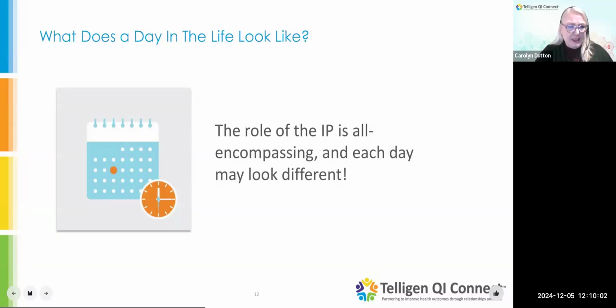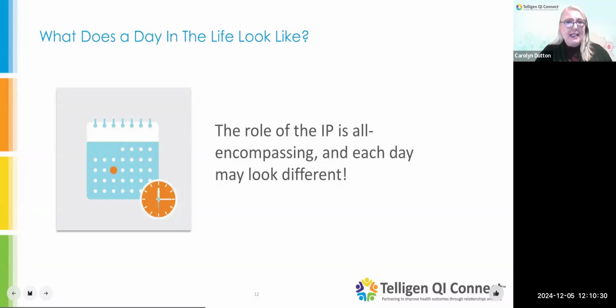So, what is your purpose? It's to provide a safe, sanitary, and comfortable environment and to prevent the development and transmission of communicable diseases and infections. We often get requests from new IPs on where to start or what they should be doing. So today we would just like to share with you an overview of what a day in the life of an IP might look like. And we also want to hear from you out there.